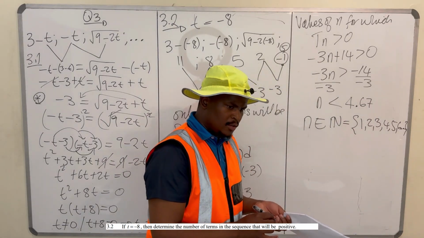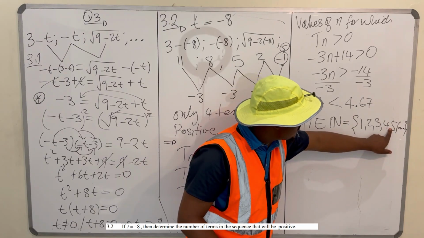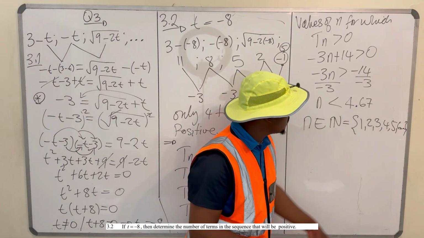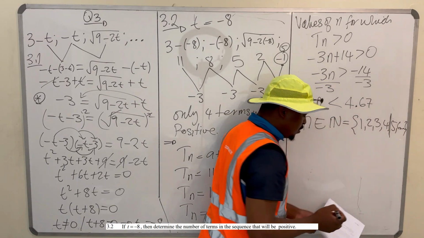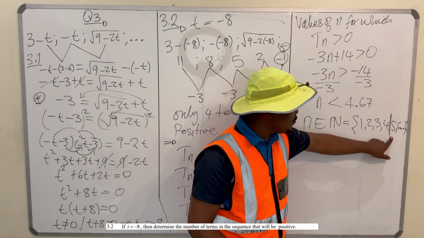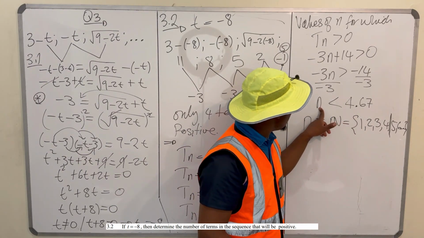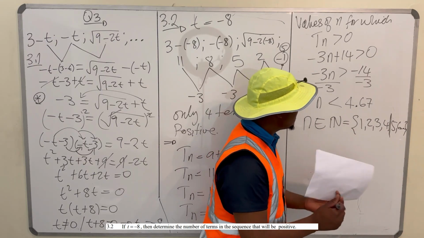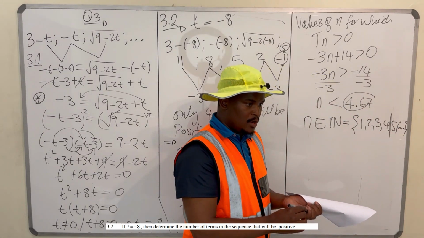So if n is less than 4.67, it's somewhere between 4 and 5.